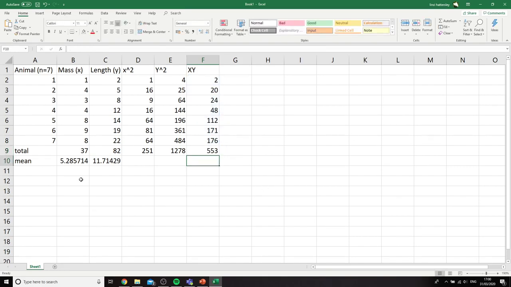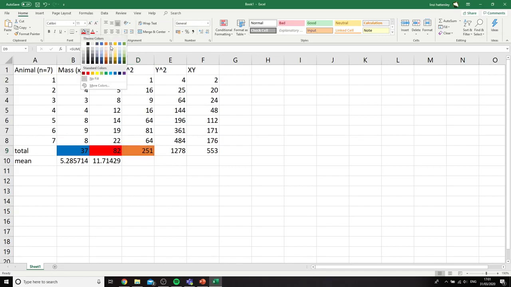There we go. Right. So I'm just going to color coordinate this just so it's easier to see where the values are coming from. I apologize if you can't see this. Okay.